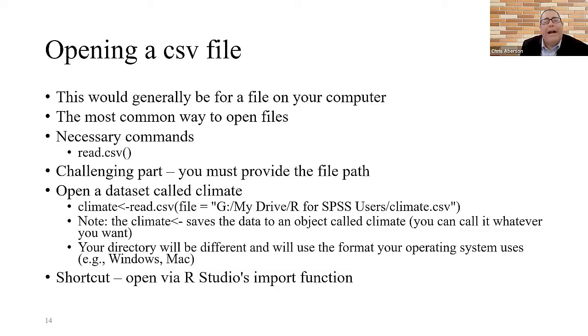And then I say file equals, and then the directory where this is. And this will look different if you're on a Windows machine or a Mac machine. I'll also show you in RStudio if you're having problems doing this. If you're having problems getting the exact directory, which can be challenging if you're not familiar with using directories, RStudio has some nice helper options there.